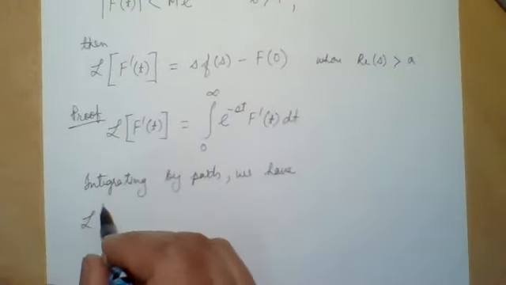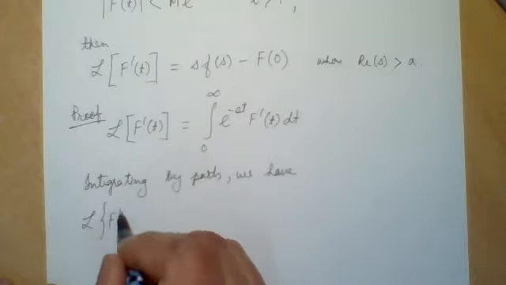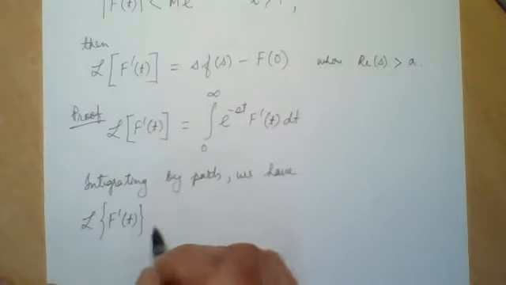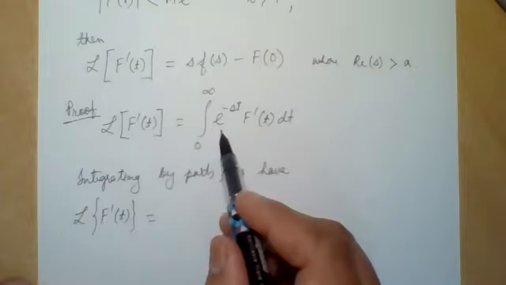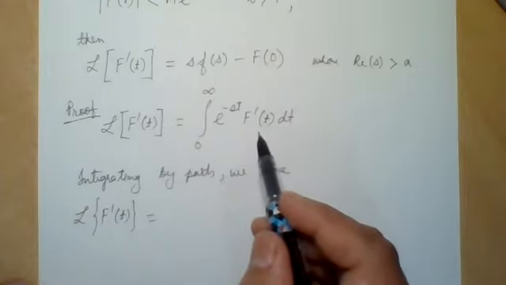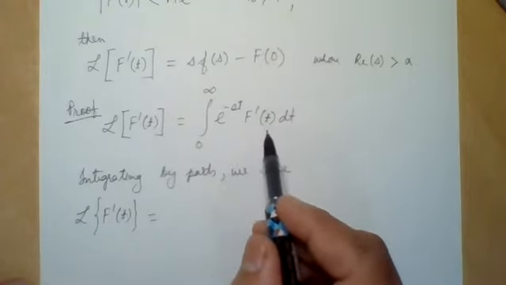Integrating by parts, we have the Laplace transform of f prime t equal to, so let us take this as the first function and f prime t as the second function.